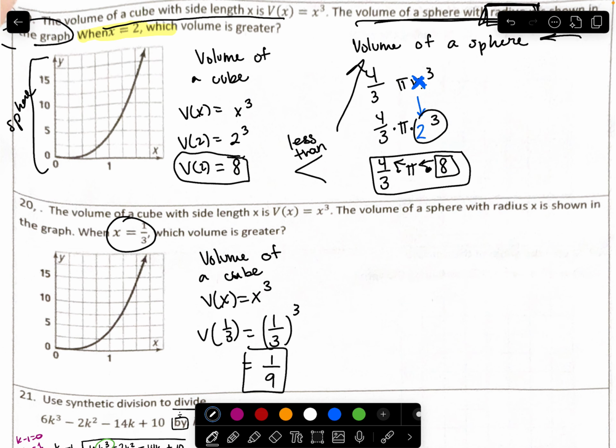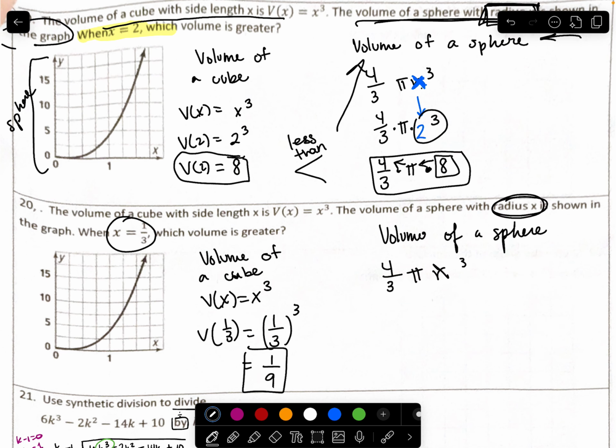Now let's do the volume of a sphere. It would be 4 over 3 pi r cubed.